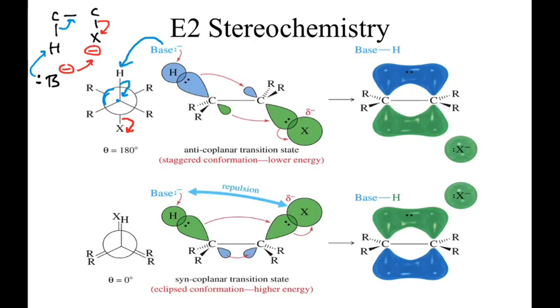If we look at it from the side with an orbital diagram, which is what they're trying to show, the electrons come in to form the double bond from the back side of our leaving group leaving. So you can kind of see the dynamics and the stereochemistry of that reaction.